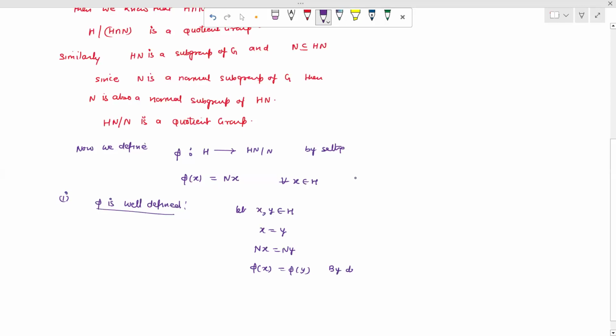So the function is well defined, which means the function is one-one.